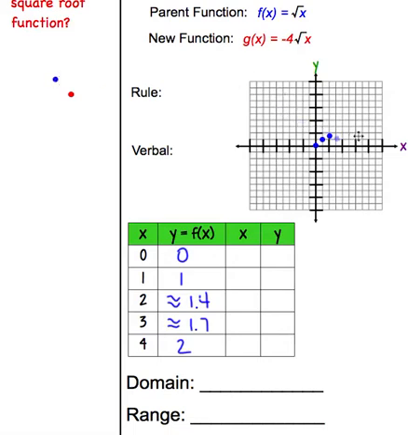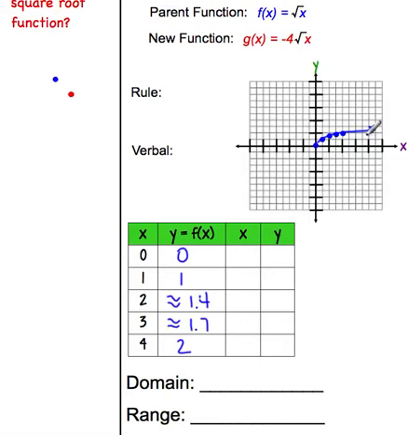And then 3, 1.7, and 4, 2. And in doing that, now I can connect my dots, and you'll see that it looks like half of a parabola. And that's exactly what we're looking for.